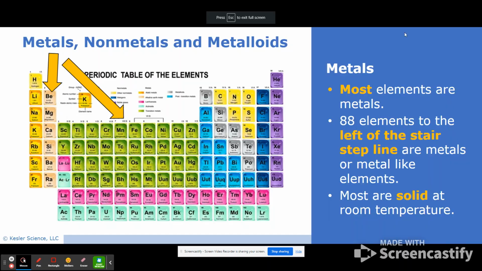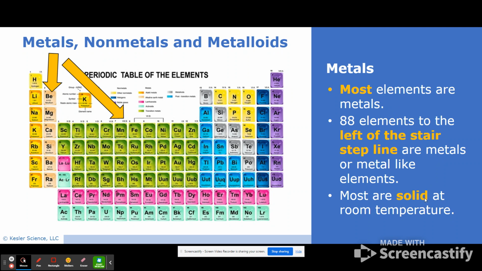All right, so let's talk about metals. Most of the elements are metals. 88 of the elements to the left of the stair step line, to the left of the stupid stairs, are metals or have metal-like properties. Most are solid at room temperature.